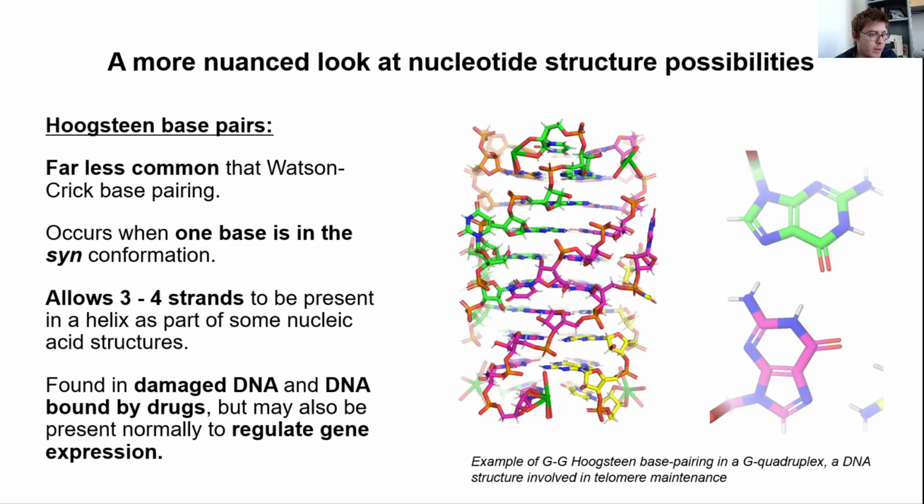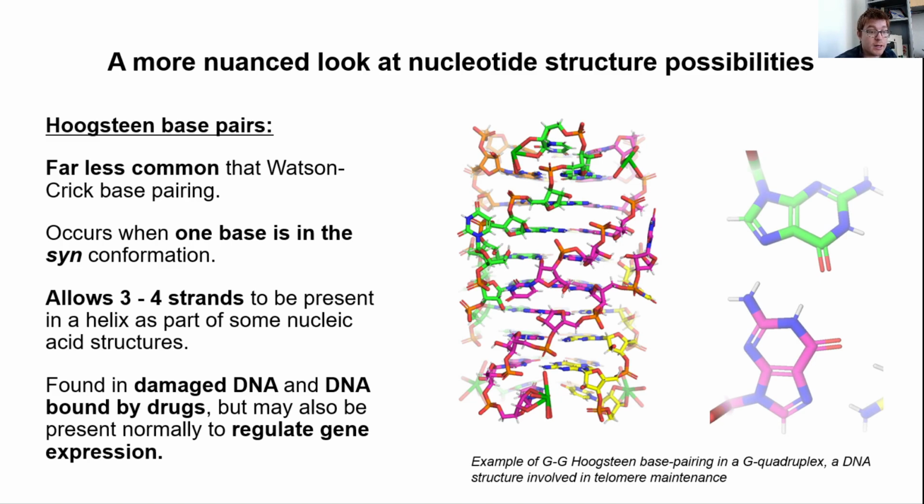Now, where do you see Hoogsteen base pairs? They're really very uncommon compared to Watson-Crick-Franklin base pairing. They do crop up in some structures because they allow for some very exotic DNA structures to form. For example, you can get 3 or 4 stranded nucleic acids, such as these things called G quadruplexes. These are certain nucleic acid structures that you find in things like telomeres.